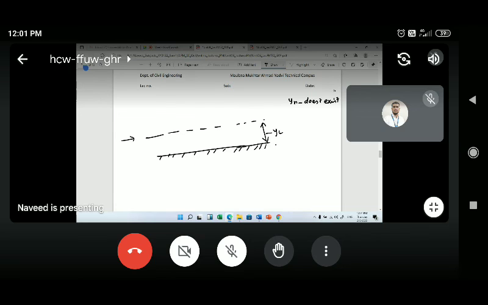So if you draw your profile, it will be like that, and here also only two zones exist, zone 2 and zone 3. So it will be the A2 curve, and this will be the A3 curve. Okay, it is nothing but the adverse slope.